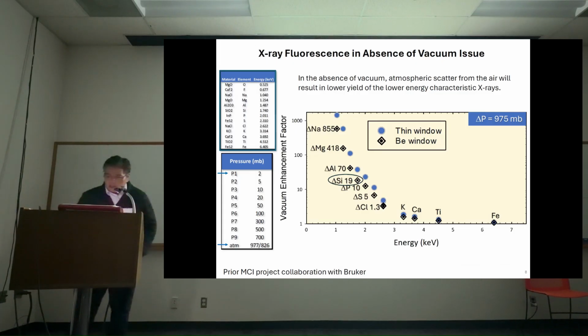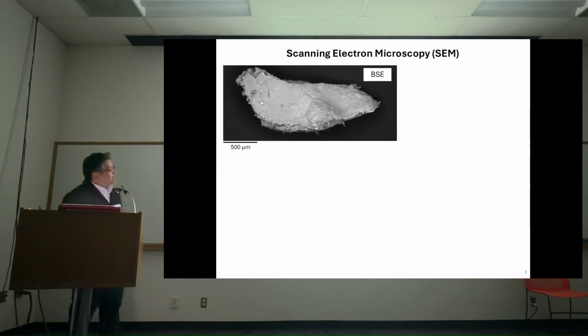Being that the object can't fit in the SEM, we can still get a sample, and by putting the sample in the SEM, we can do backscatter electron imaging and get a size scale. It's small, on the millimeter to sub-millimeter scale, and not a lot can be seen other than some particles.